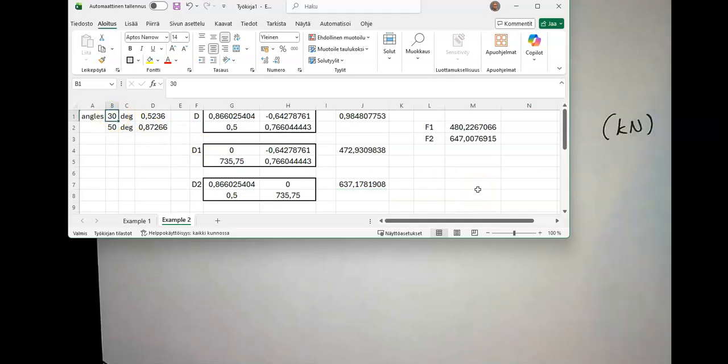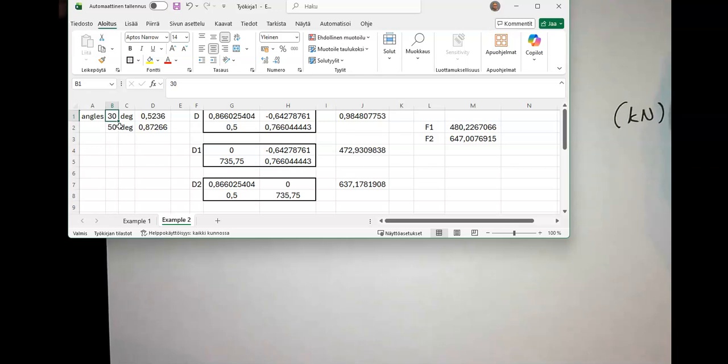When I have this Excel sheet, I can simply make some changes there, to get it to solve the pair of equations we have right now.